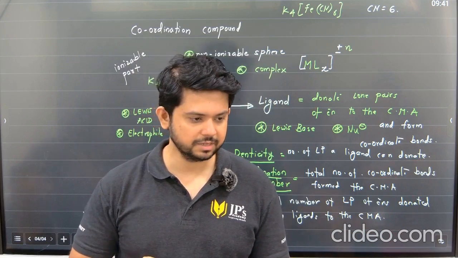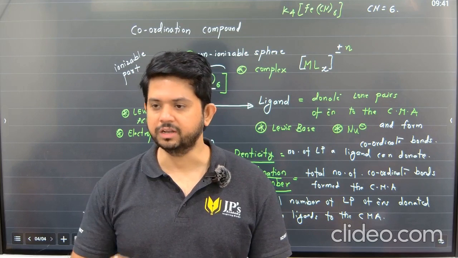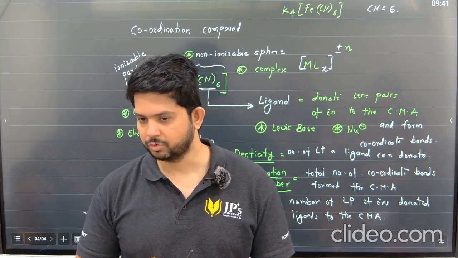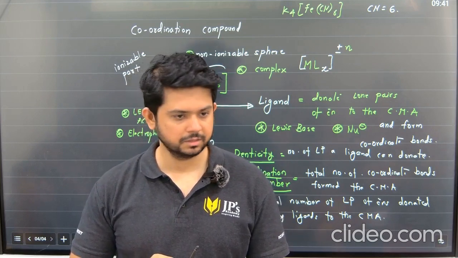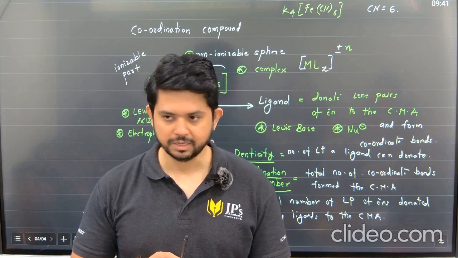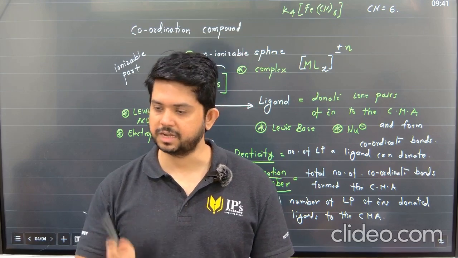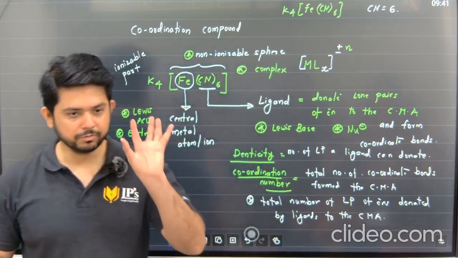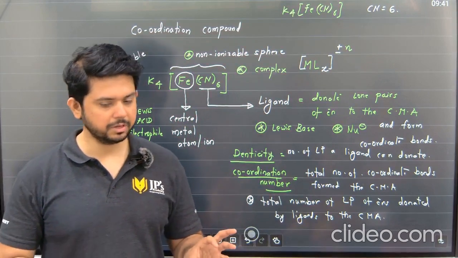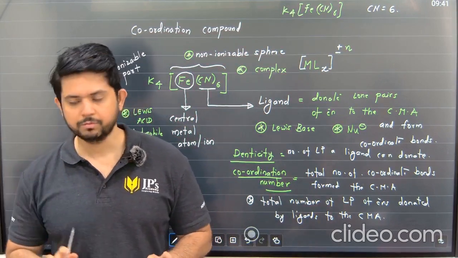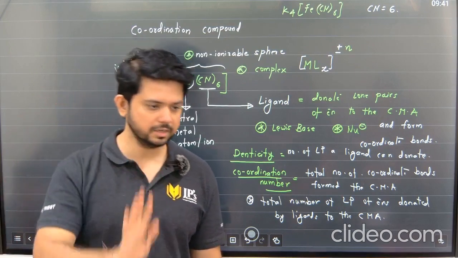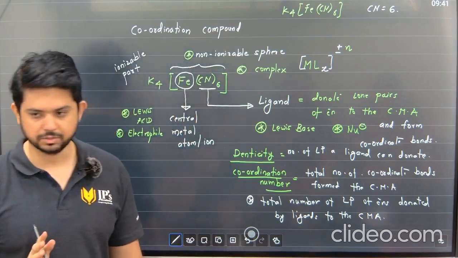For example, if I consider chlorine, the number of lone pairs is 3, but it's not that its denticity will be 3. Its denticity remains 1. There is no such relation between the number of lone pairs in a species and its denticity. Understood?